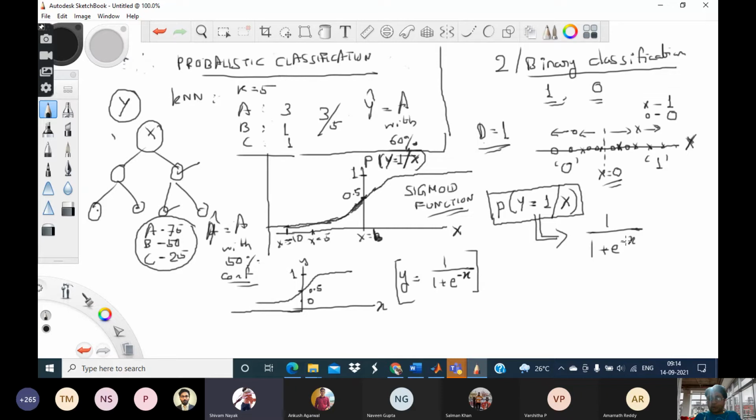Very true. So y equals 1 over 1 plus e to the minus (x minus b). Whenever x equals b, the exponent becomes 0.